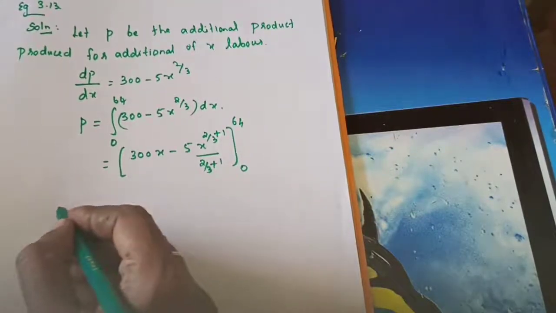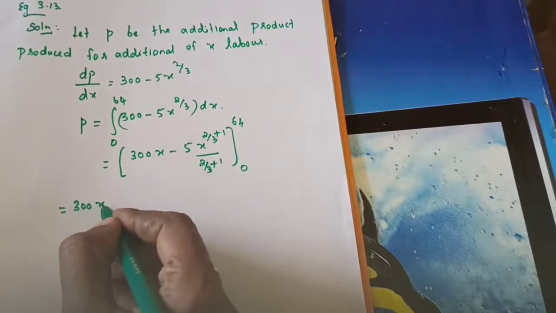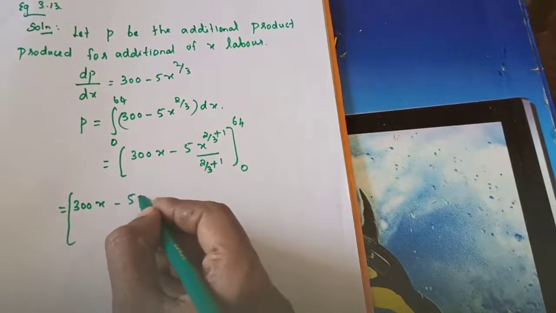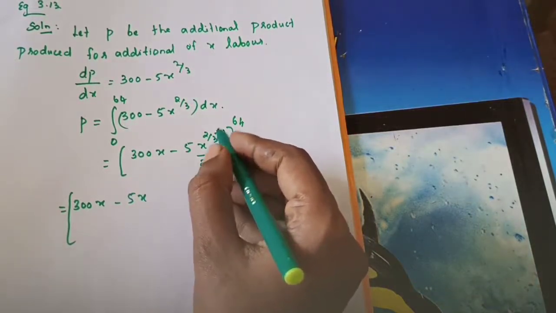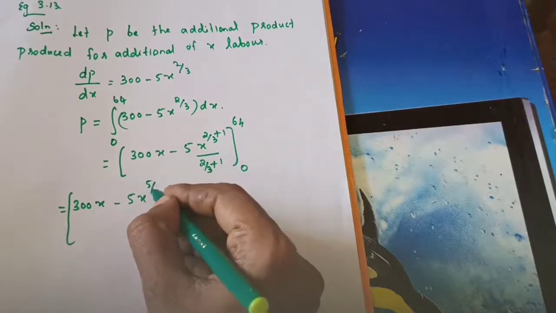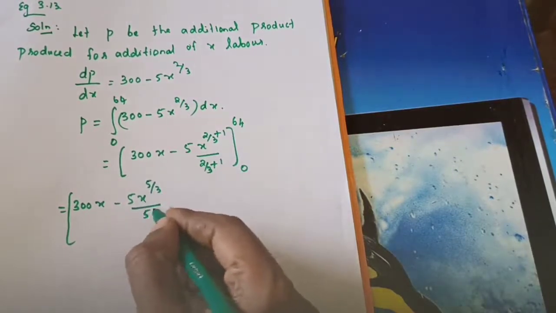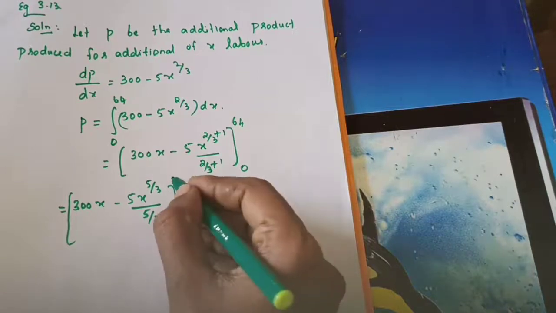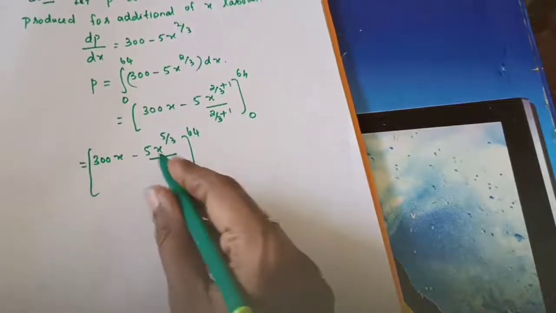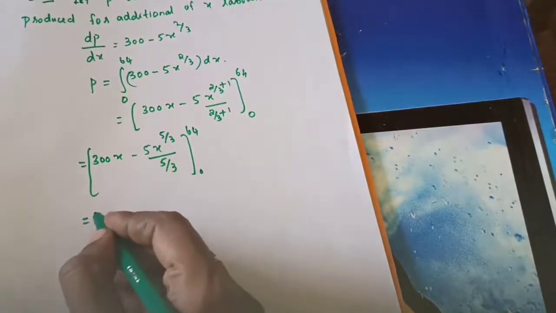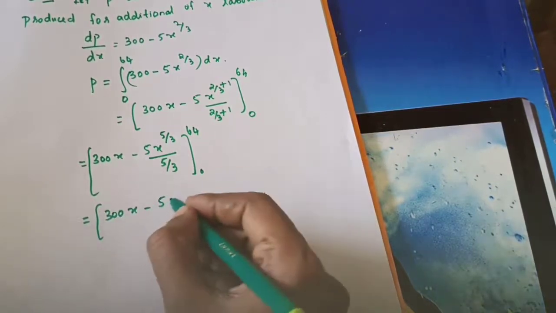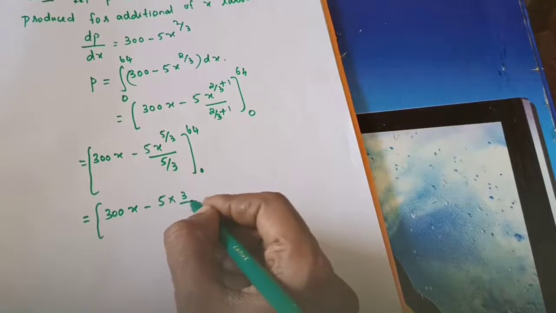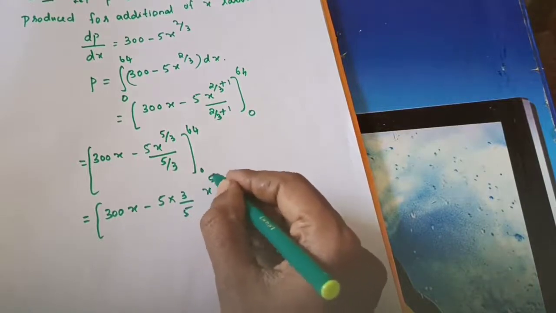So that is equal to 300x minus 5 x power, adding 2 by 3 plus 1, that is 5 by 3, divided by 5 by 3. The limit is from 0 to 64. Next step, you can bring this 5 by 3 up, so 300x minus 5 into 3 by 5 x power 5 by 3.